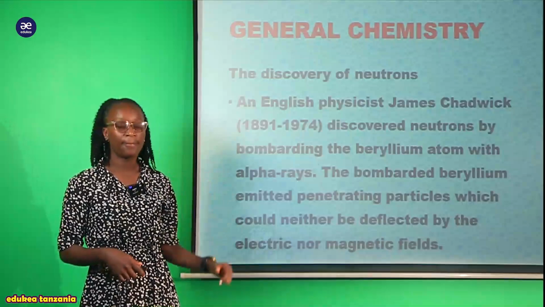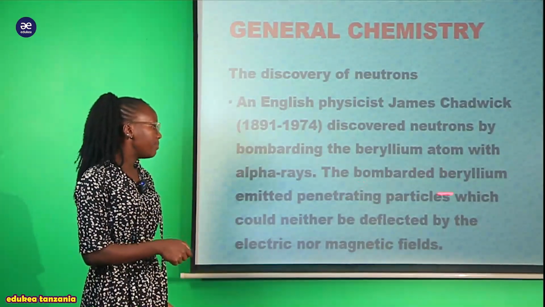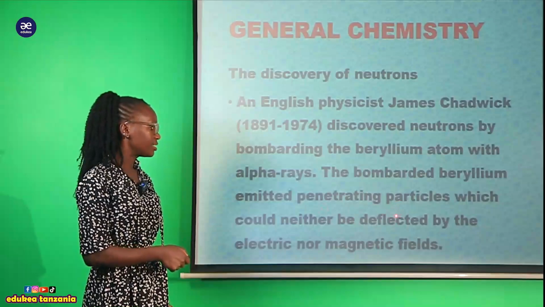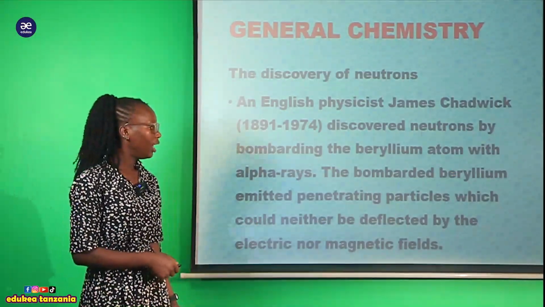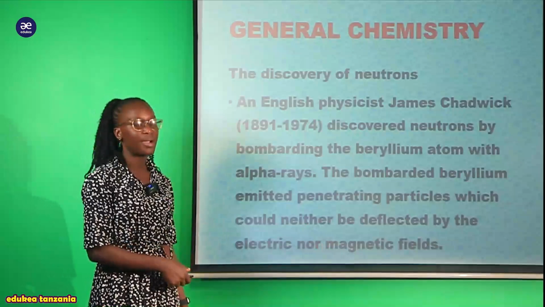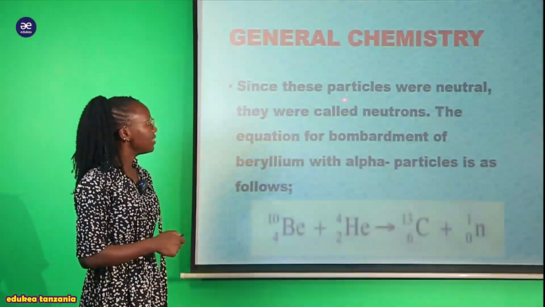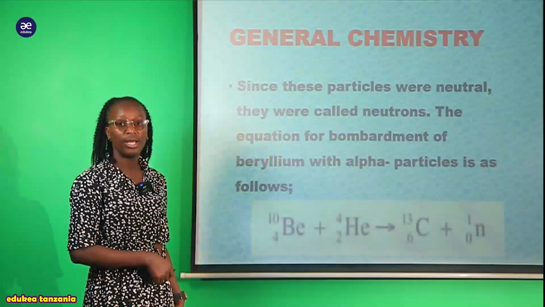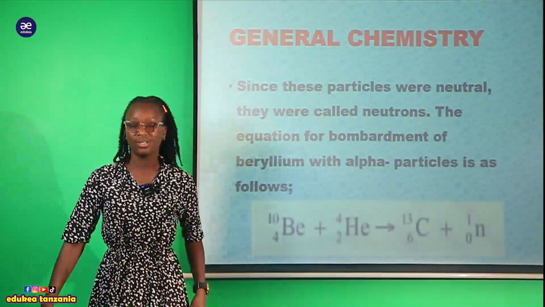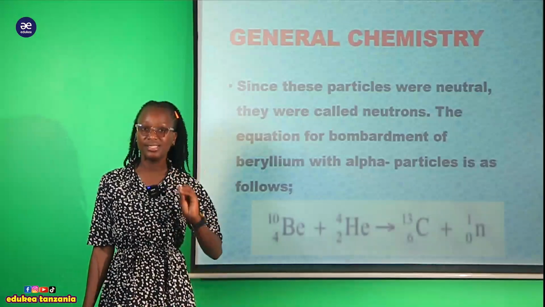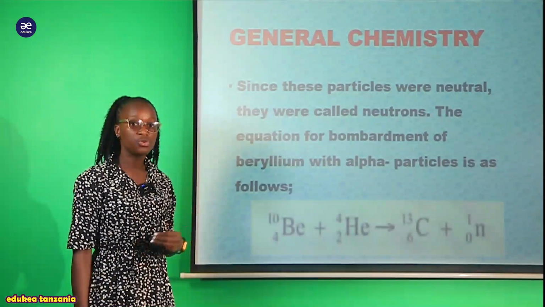Alivyofanya reaction, anasema kwamba the bombarded beryllium emitted penetrating particles which could neither be deflected by the electric nor magnetic field. So here you can see that since these particles were neutral, they were called the neutrons. Kulingana na ile neutrality iliyotokea, that's why ikaitwa neutron.